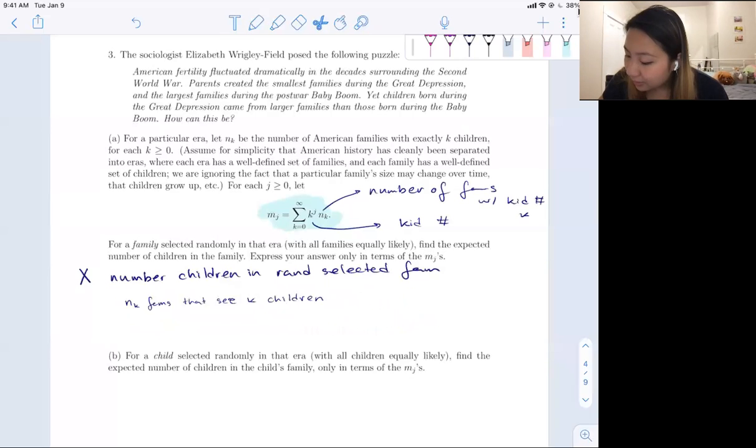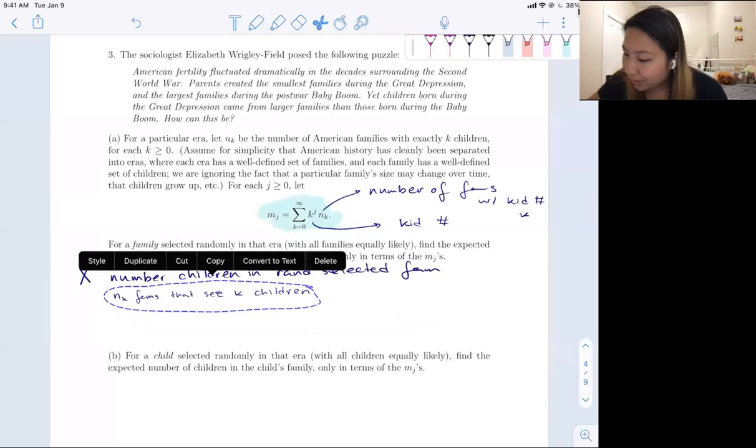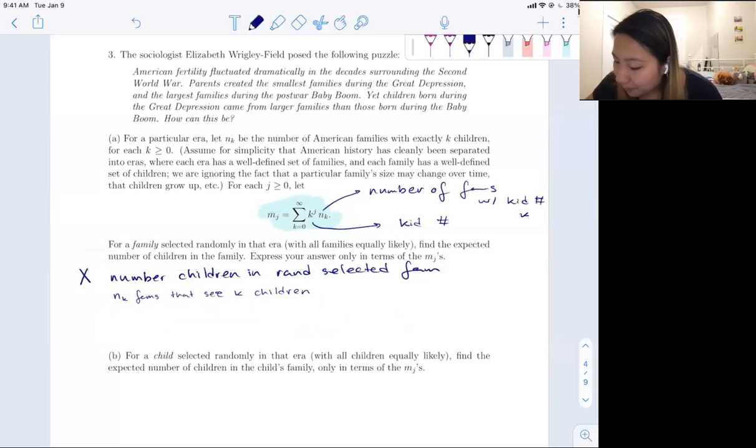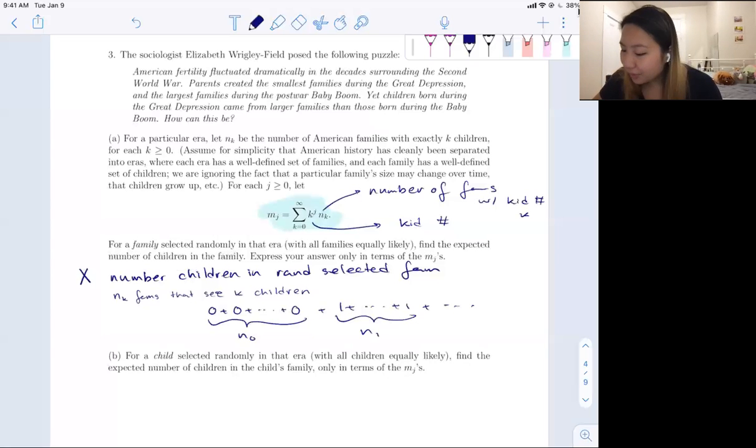So on the top, we're going to have 0 plus 0 plus dot dot dot plus 0, and this happens n sub 0 times, and then 1 plus dot dot dot plus 1, which happens n sub 1 times, plus dot dot dot, the same thing over and over. So that's the number of children that each family sees.